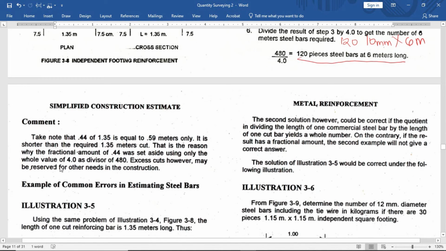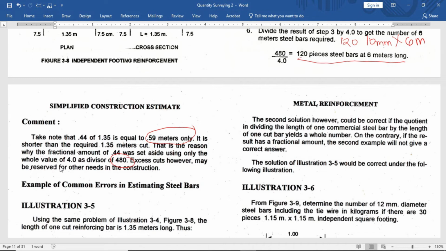So, may comment dito. Take note that 0.44 of 1.35 is equal to 0.59 meters only. It is shorter than the required 1.35 meters cut. That is the reason why the fractional amount of 0.44 was set aside using only the whole number 4 as divisor of 480.